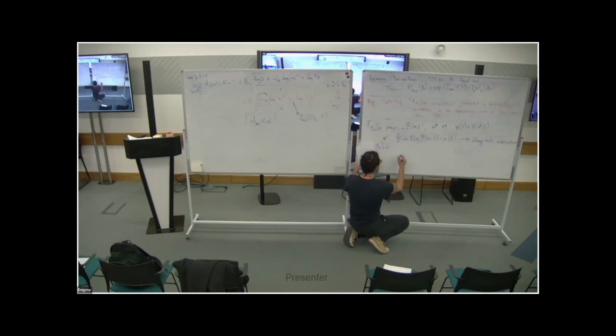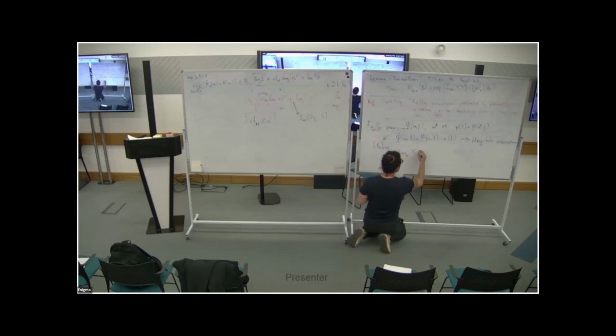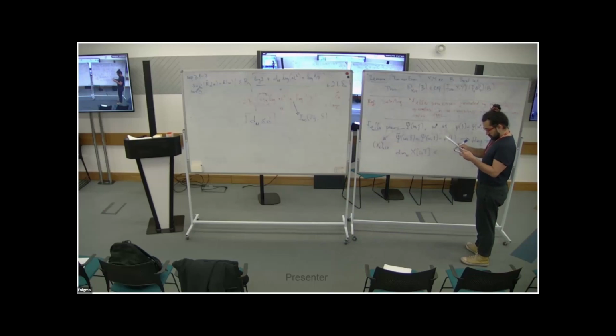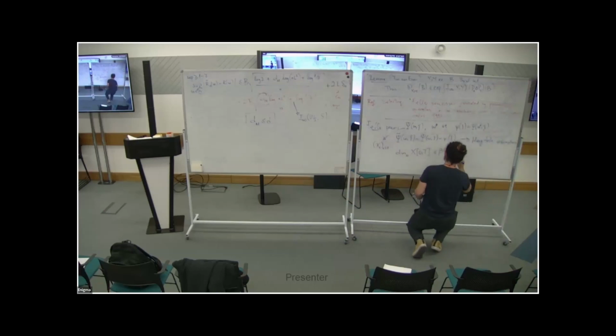So the Hausdorff dimension of the image of X for any t is smaller than, let's call it beta. And beta is the upper Blumenthal-Getoor index of this Levy process. Beta is defined as follows.